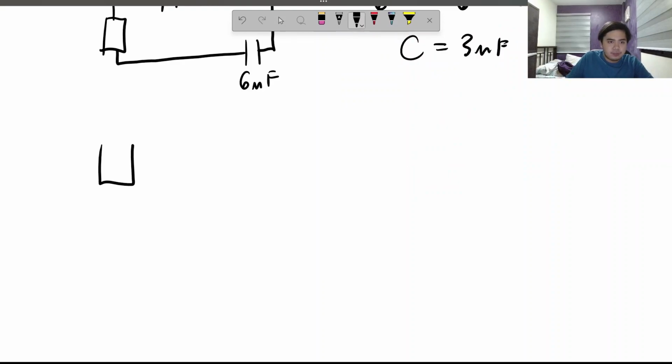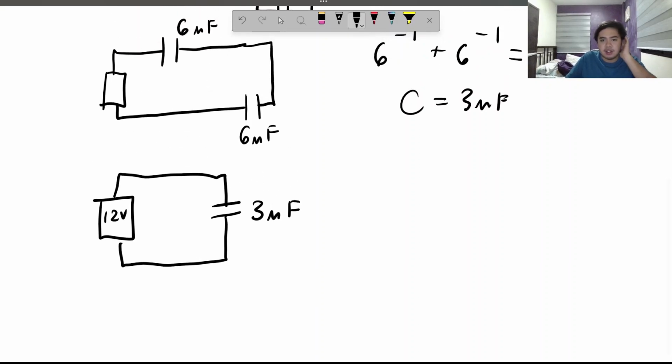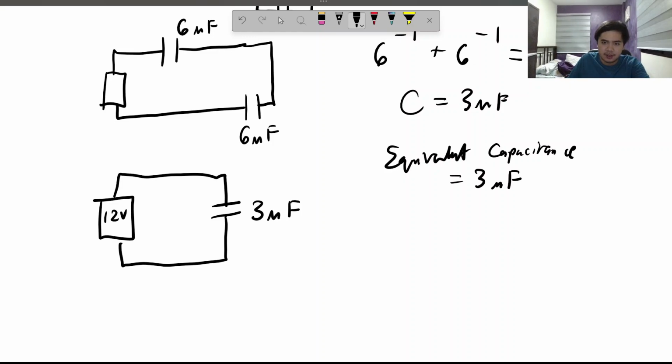So we have 12 volts here, and we can combine all the capacitors. The equivalent capacitance is equal to 3 microfarads.